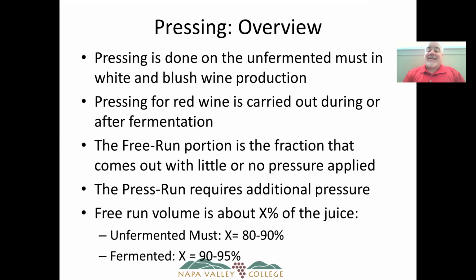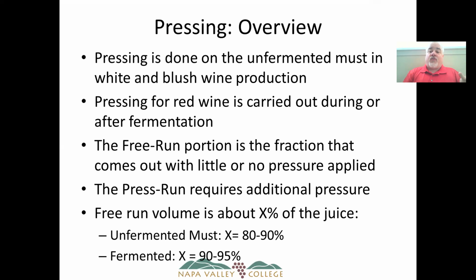So in an unfermented must, we have to add additional pressure to get the remaining 10 to 20% of our juice out. That's a lot. I don't want to waste 10 to 20% of my juice. So you apply pressure to get the rest of that juice out.